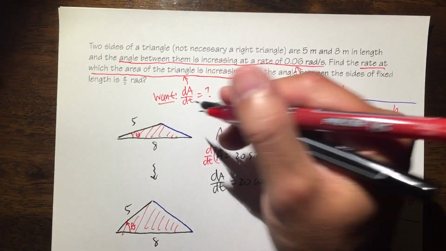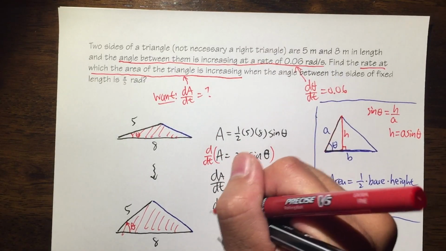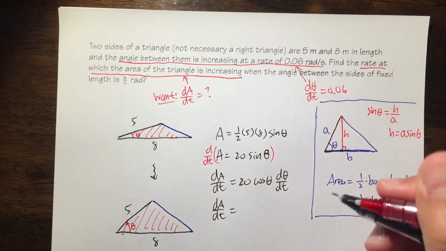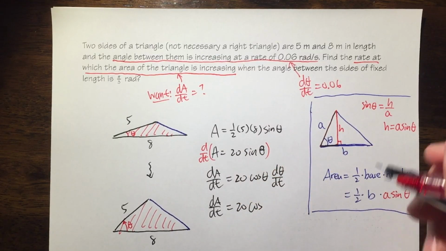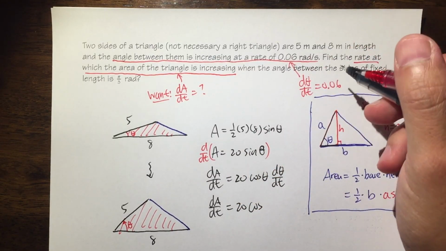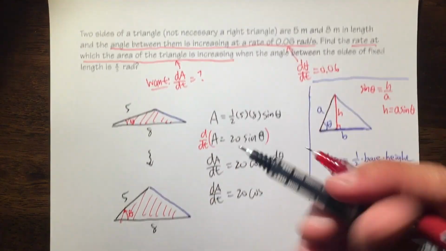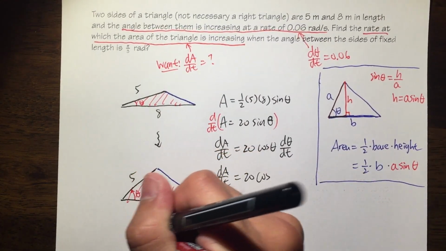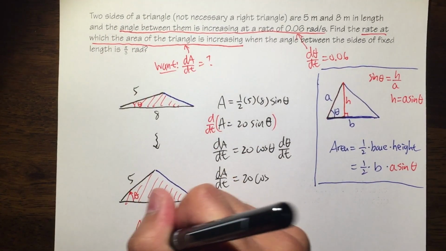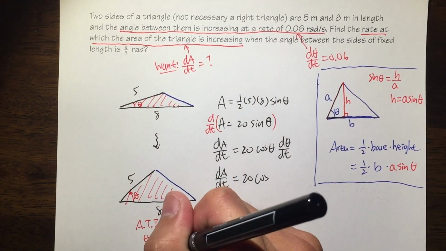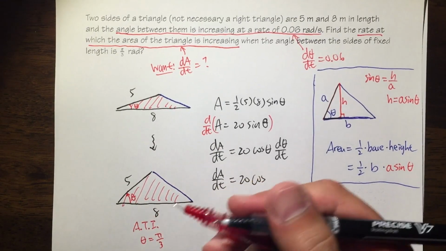We want to know dA dt. It's right here. Let's write it down. dA dt is equal to 20 cosine, and it says we want the angle to be pi over 3. So this picture is the instance at theta equals pi over 3, which I tried to make 60 degrees.